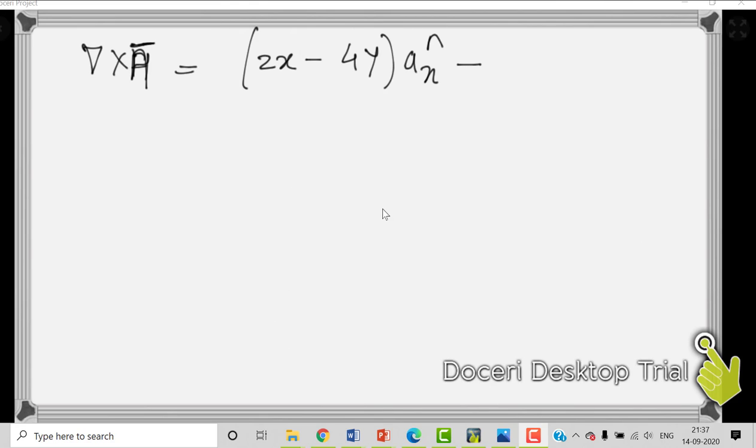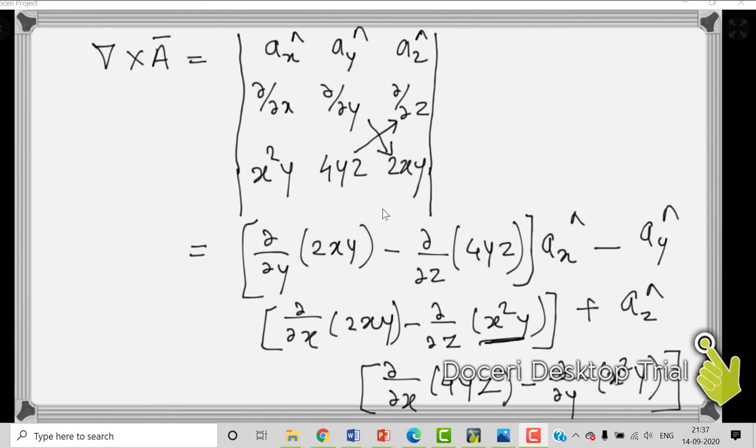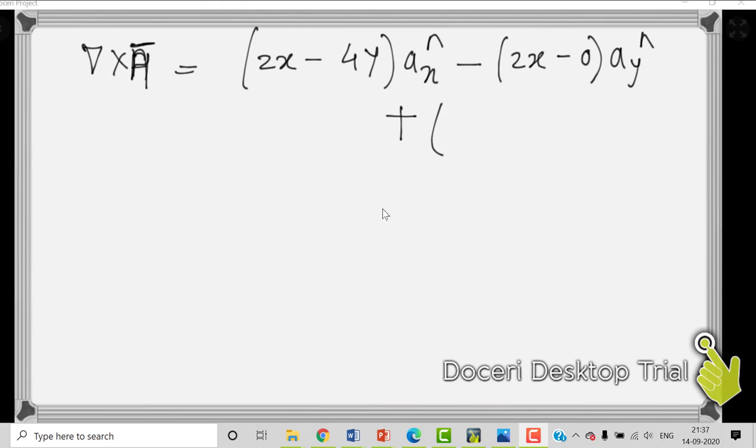So the second term is minus (2x minus 0) into ay cap, and the third term plus, what is it? Dou by dou x of 4yz is 0, and dou by dou y of x square y is x square. So 0 minus x square, that is 0 minus x square into az cap.